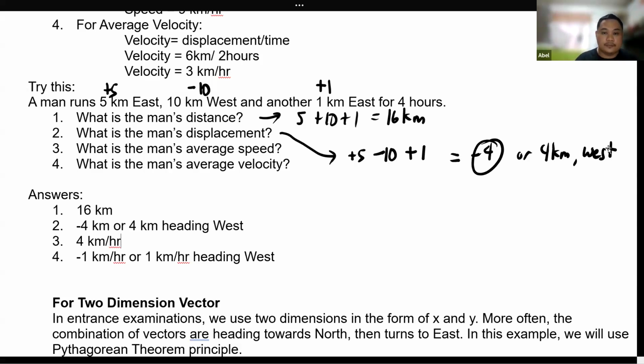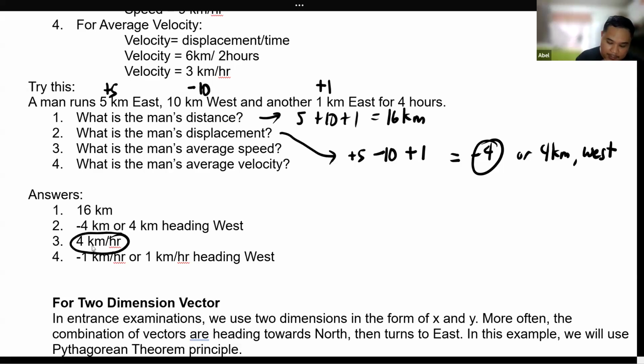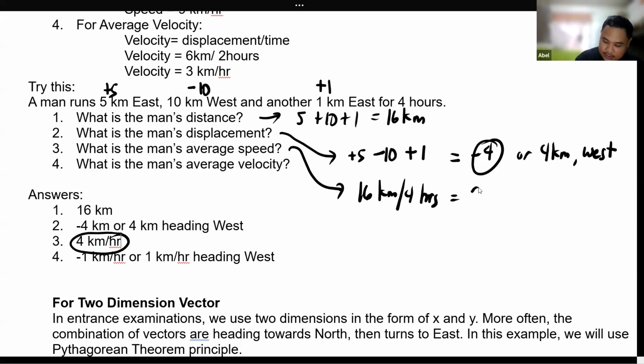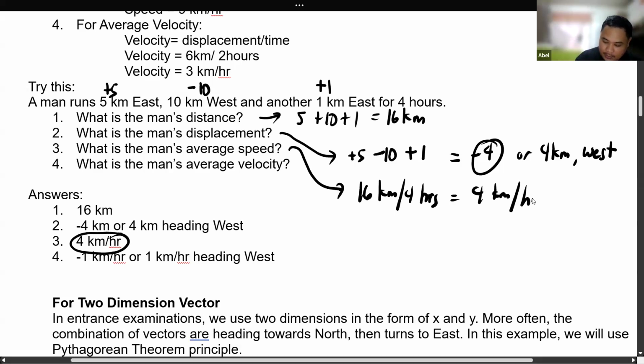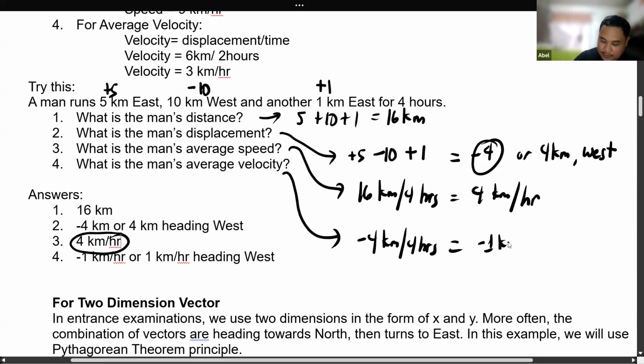Now, how about the man's average speed? For the man's average speed, very simple. 16 divided by 4 is just 4 kilometers per hour, right? So this is 16 kilometers over 4 hours, that is 4 kilometers per hour. Now, how about the average velocity? For the average velocity, that would be negative 4 kilometers divided by 4 hours, so that would be negative 1 kilometer per hour.